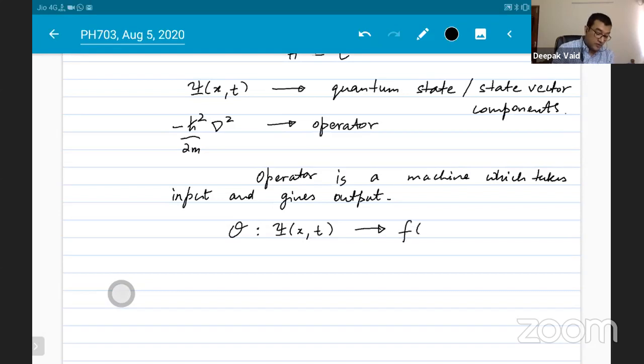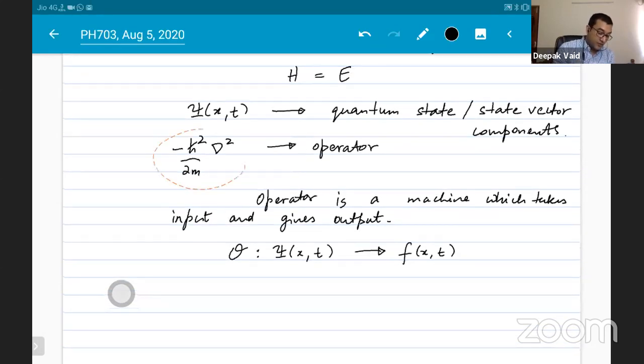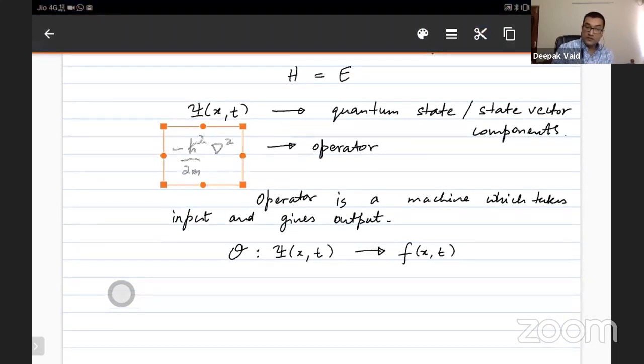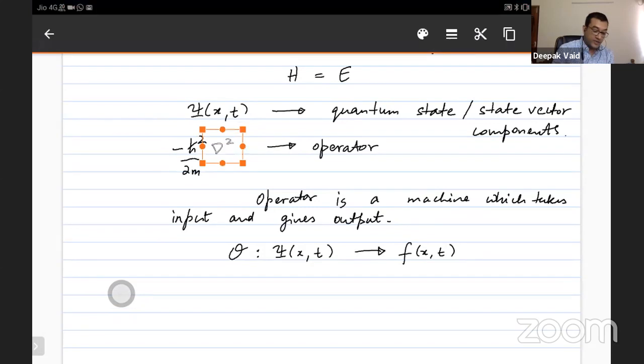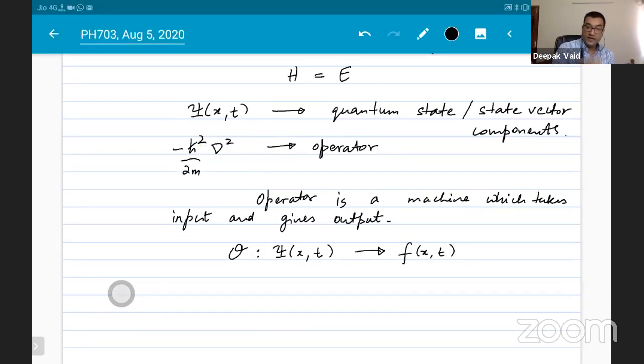The output is also another function, okay? So as an example, you look at this guy. What is this doing? It's taking your psi, it is calculating the second positional derivative of this psi, and that is the result of the action of your operator.